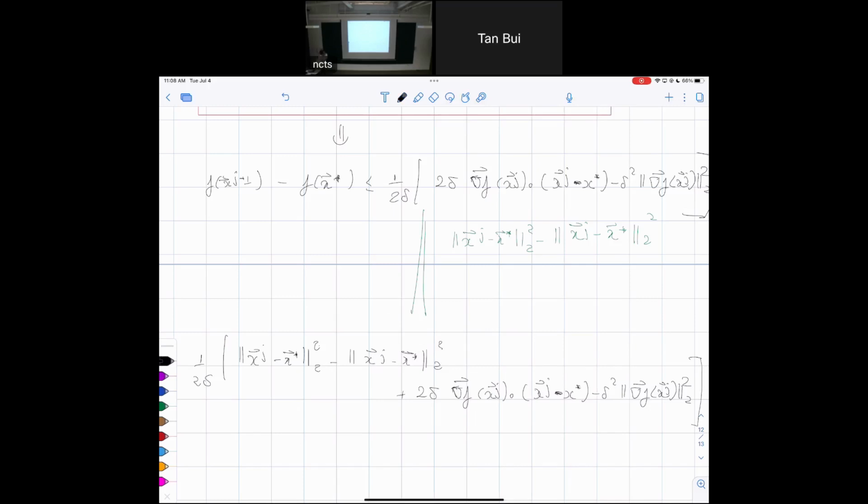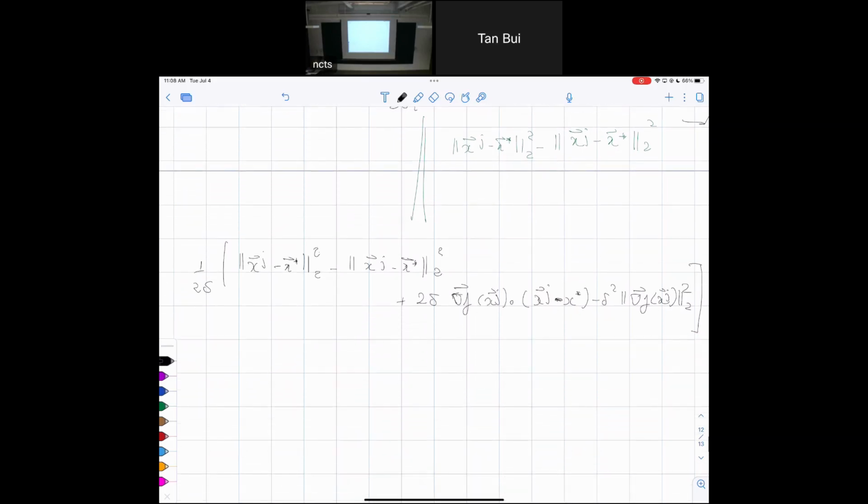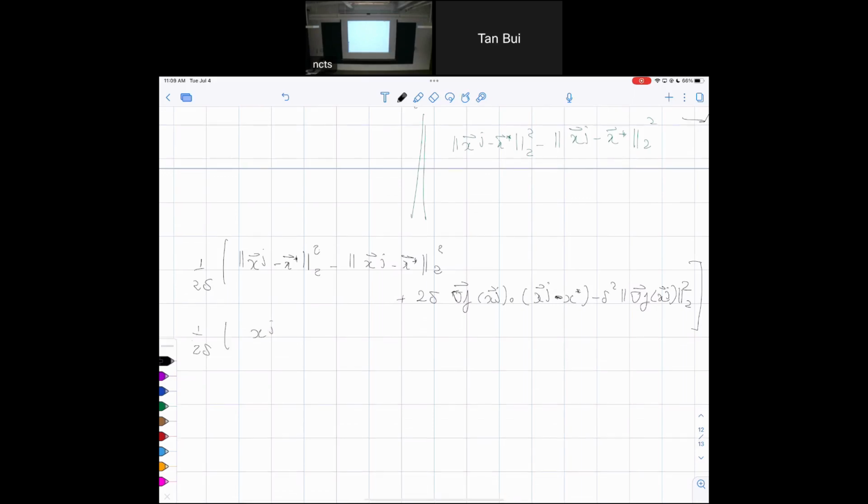Okay, and you see that this together with this and this is equal to what? If we look at this, it is equal to what? So I'm going to rewrite this a little bit. I'm going to keep the first term intact.